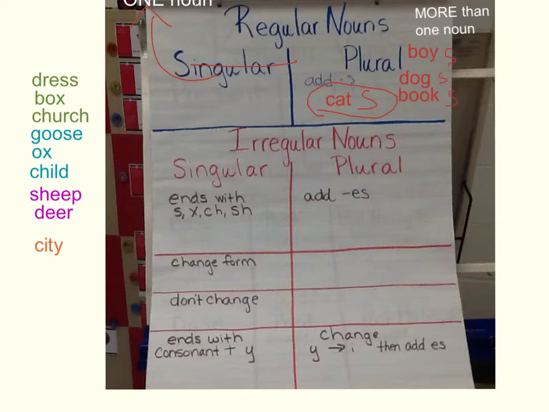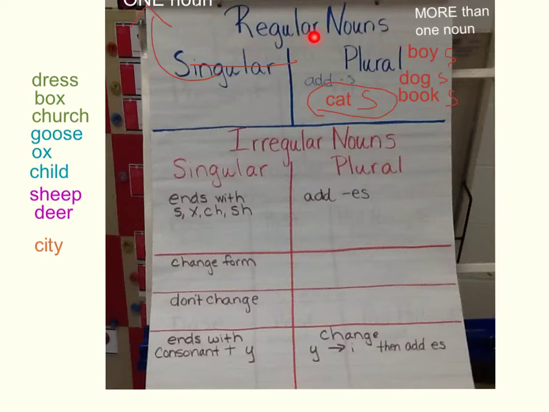Sounds easy, doesn't it? Here's where things get a little complicated. The regular way to deal with singular and plural nouns, the normal way, is to take the noun and add an S to make it plural. That's the rule.